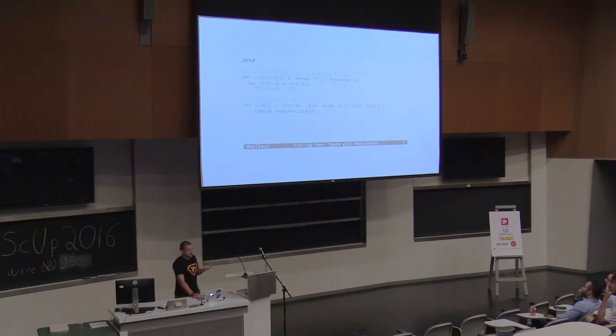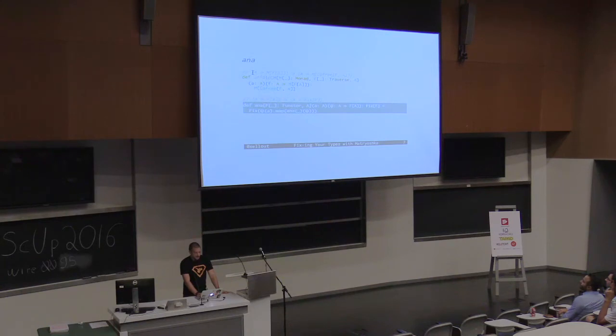So to get to this unfold CM that Rob was talking about, we'll start with the simplest kind of unfold, which is called an anamorphism. An anamorphism is this one down here. You can see it has a similar structure to Rob's unfold CM. So given a function that basically expands one level of A to F of A, it gives you back a function that takes an A and returns a whole structure, right?